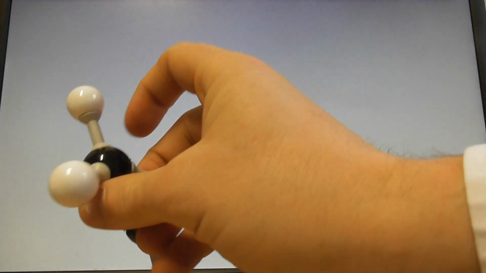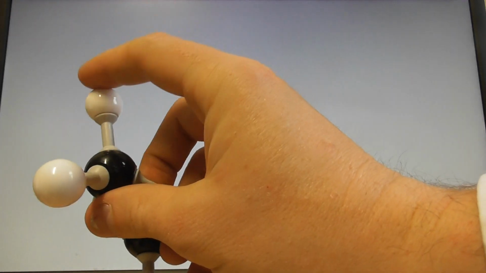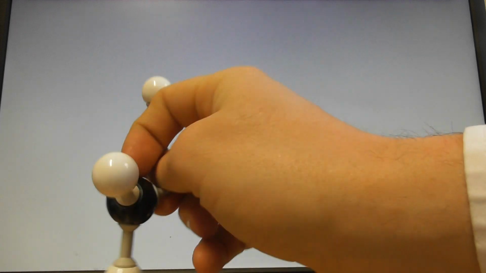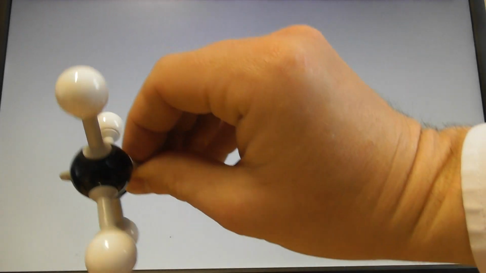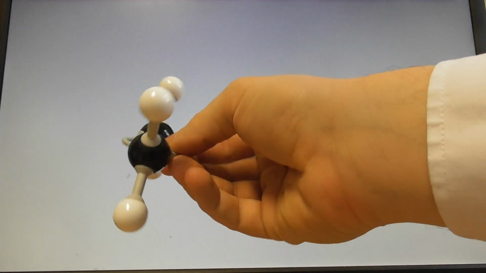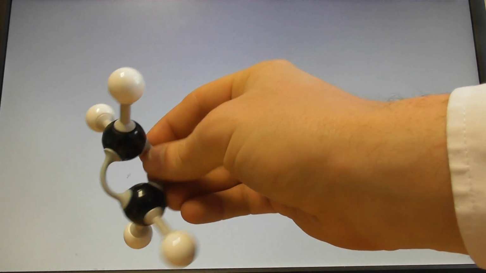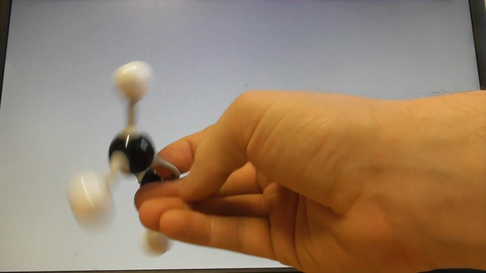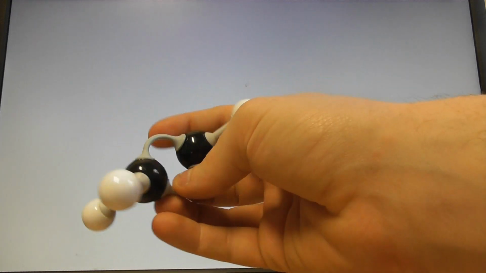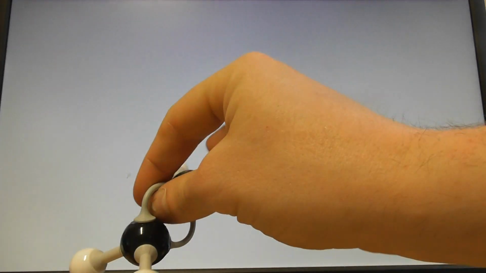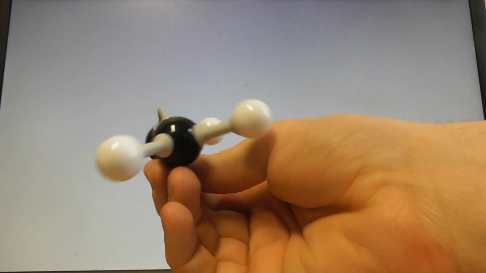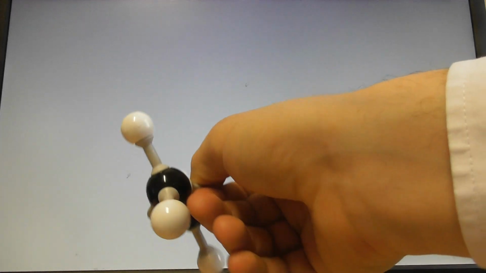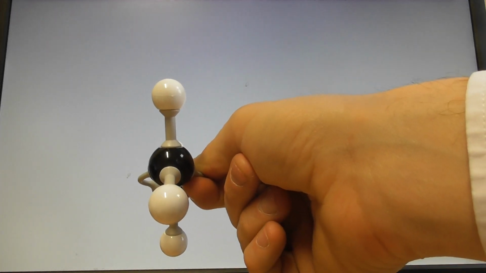So every atom that's bonded to this carbon, whether it's this one, or this one, the other carbon, are all in the same plane. So you can look down. And that's a thing you need to be able to do in chemistry, be able to turn molecules like so in your imagination. Actually, some universities allow you to take in these molecular models to help you study it. It's called stereochemistry.